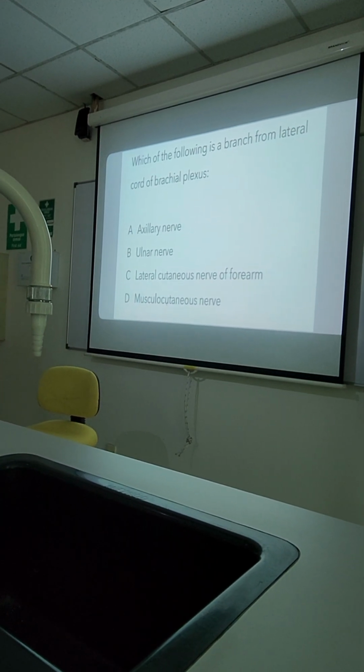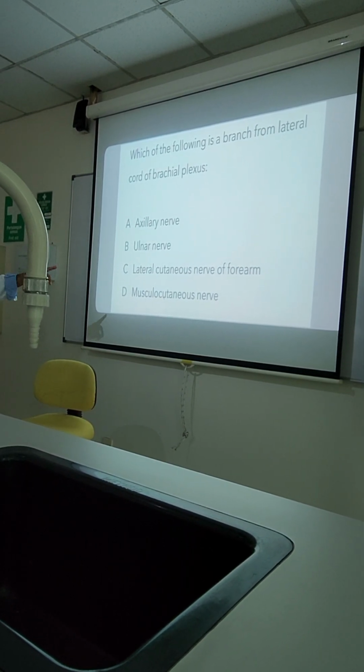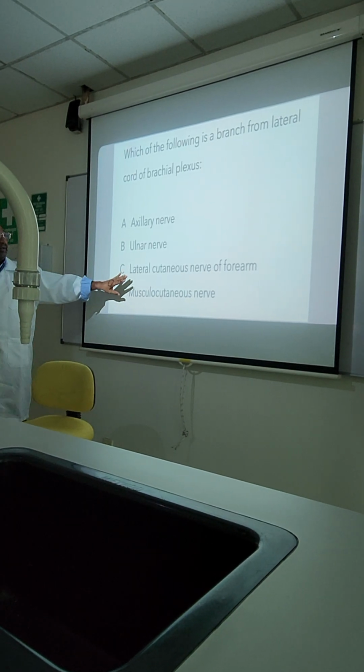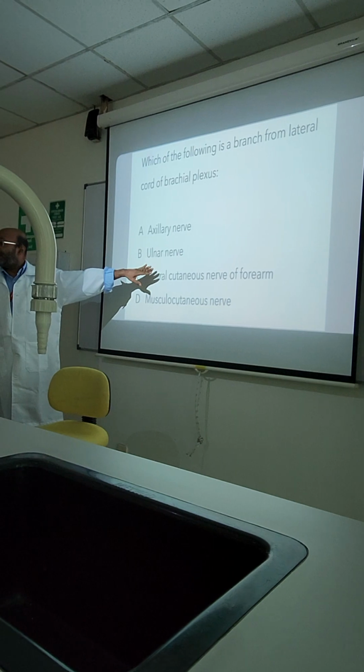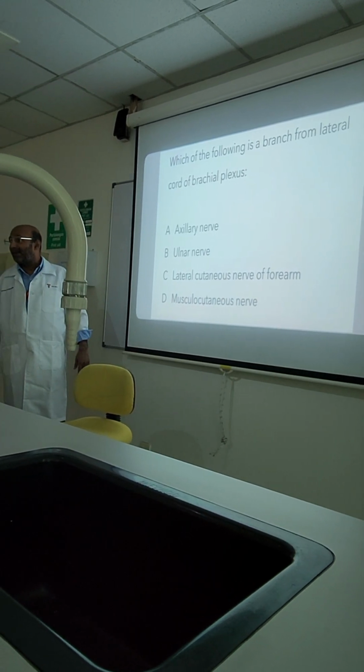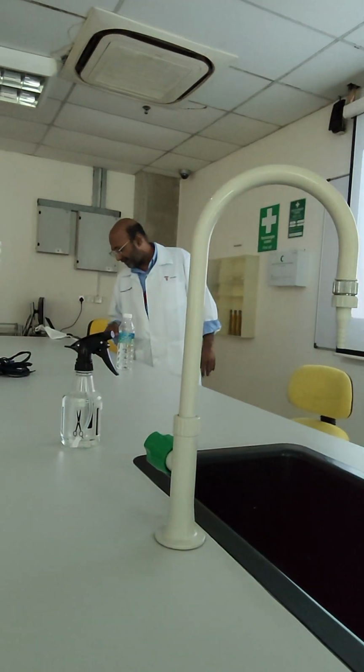So here we have the musculocutaneous nerve. And remember, after supplying all this, only then will the musculocutaneous nerve continue into the forearm. Understood? It's not a direct branch from the lateral cord of the brachial plexus.